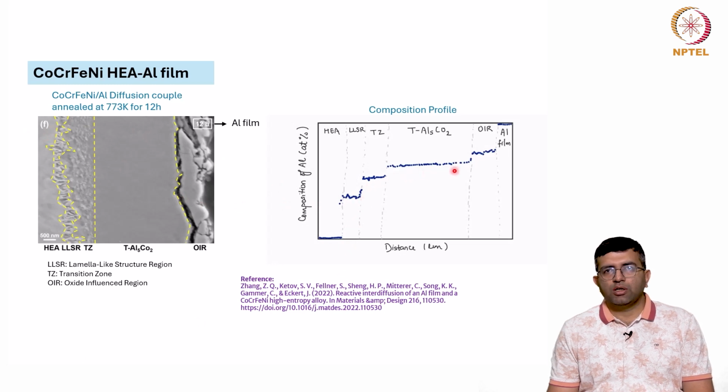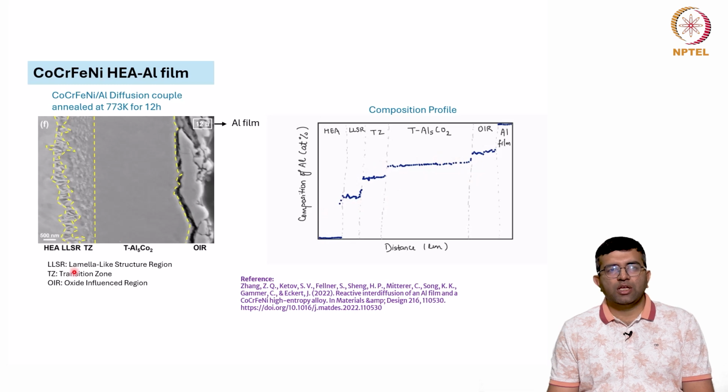Here is the composition that is obtained, and you can refer to this paper further. Here Al5Co2 is a single phase region, but not a very wide composition phase, so you will get almost a horizontal line.